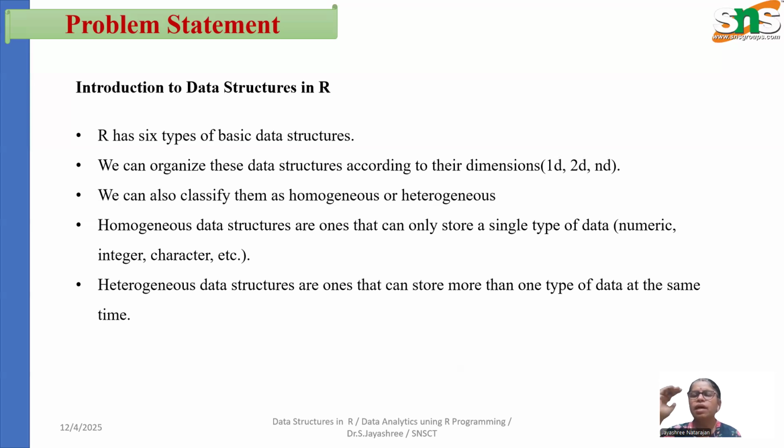Heterogeneous data structures contain a mixture of various types, like characters, numerals, and strings. They can store more than one type of data at the same time. Overall, R has 6 types of basic data structures.